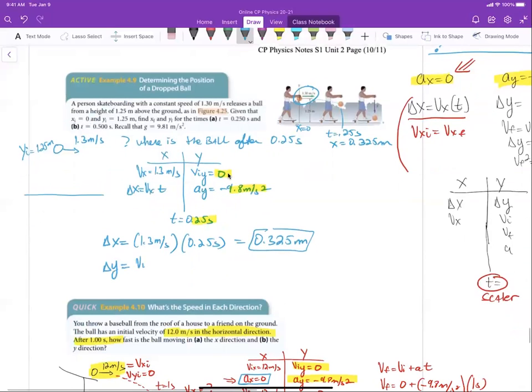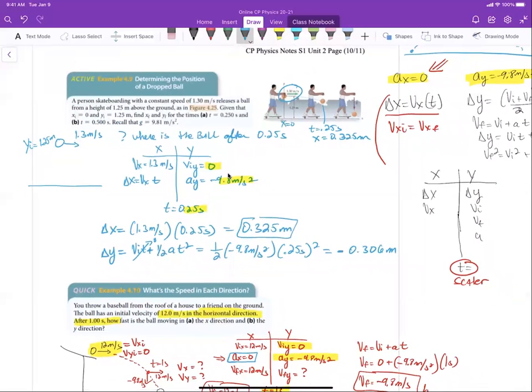Well, the equation that you can use is v initial t plus 1/2 at squared. The initial velocity in the y direction is 0. All I have is 1/2 times negative 9.8 meters per second squared times the time that they gave us. If I plug that into my calculator, 9.8 times 0.25 squared, I will have dropped 0.306 meters.